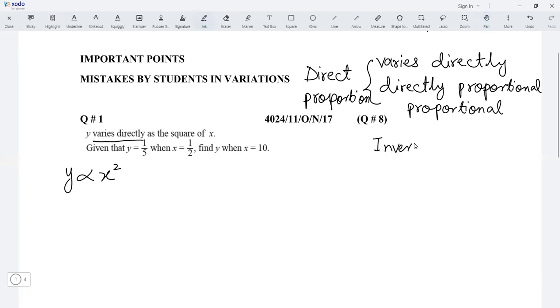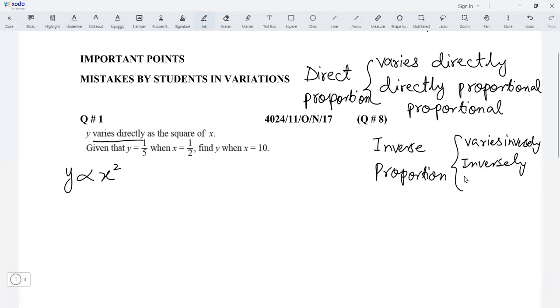If they say inversely proportional, or if they say varies inversely, the first one is varies inversely, the next one is inversely proportional, and the last one is not having that kind of thing. There are just two categories for inverse proportion.